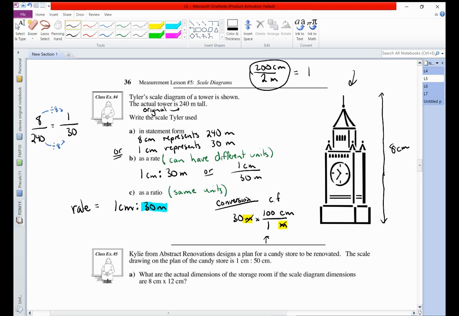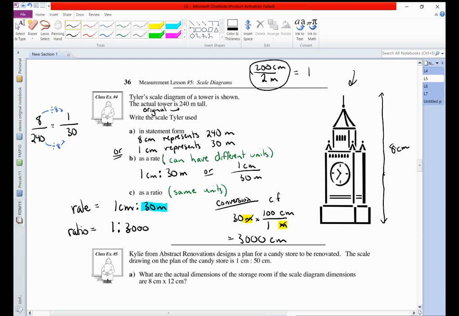We know 30 multiplied by 100 is going to be 3,000 centimeters. So now we can rewrite this as 1 to 3,000. And we don't have to put units in because they're the same units.